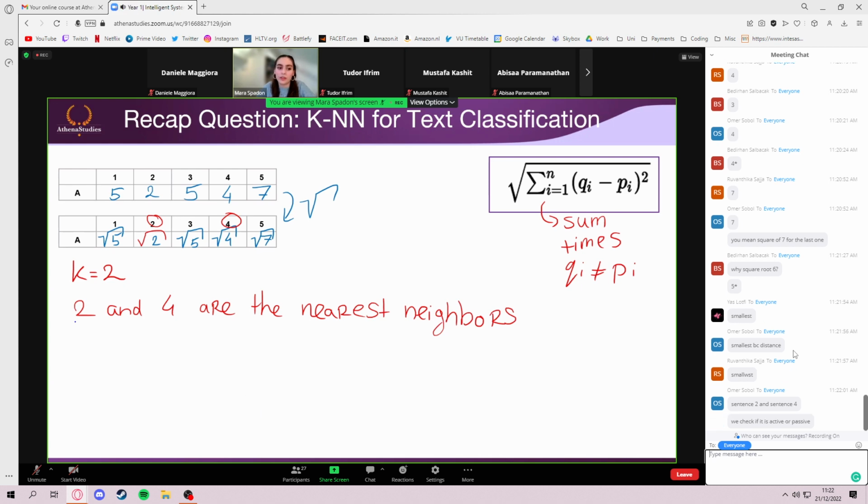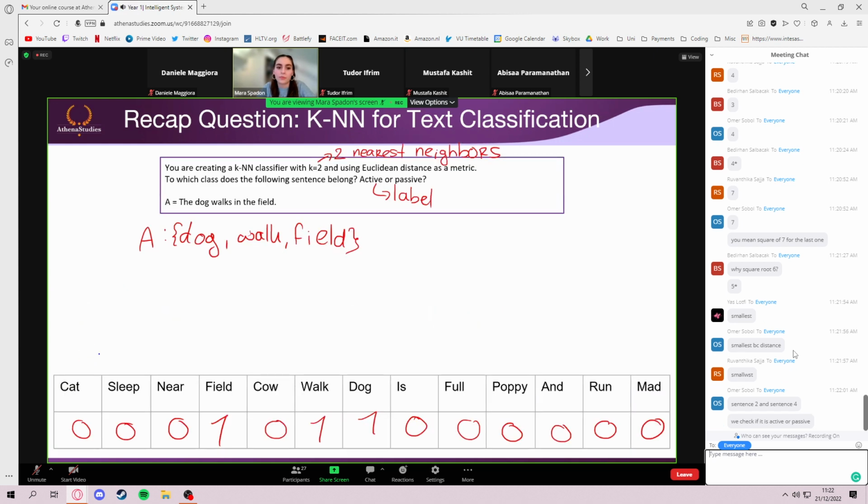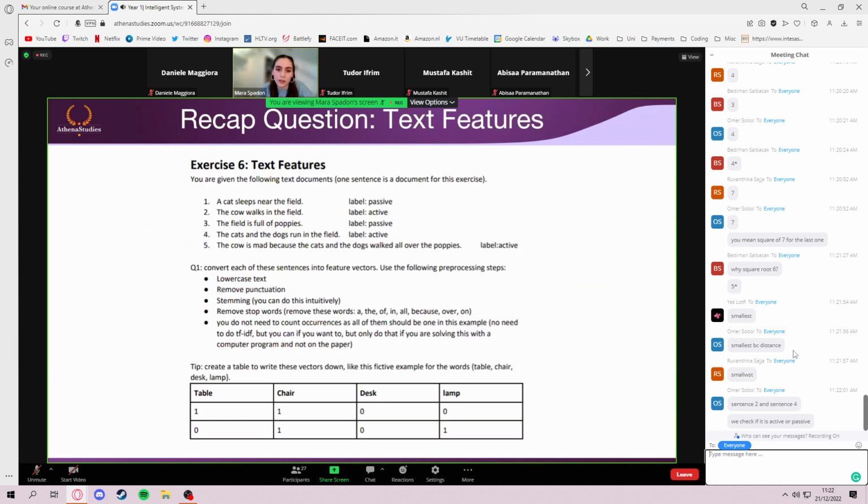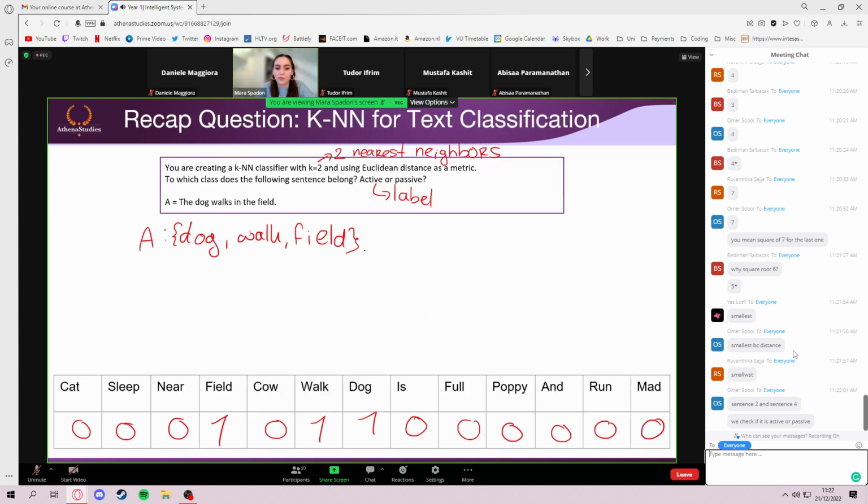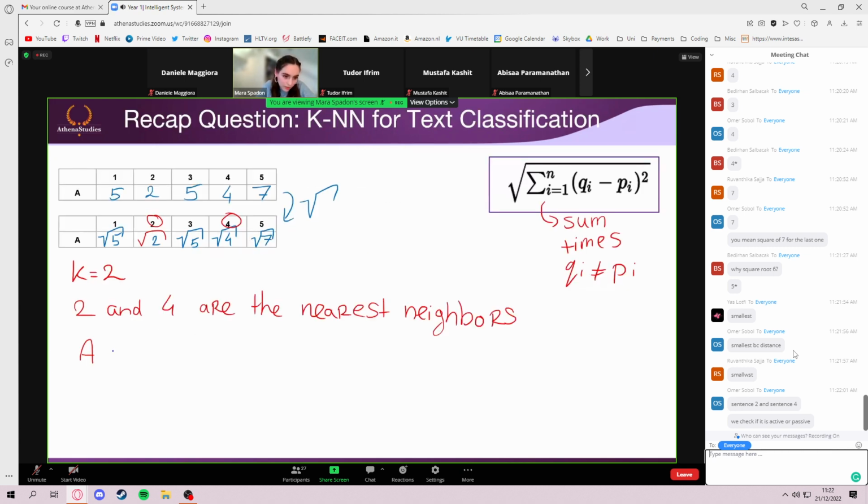If you want to know where A belongs, check if it is active or passive. Exactly. So we go back, we check the label. So we said 2 and 4 are the ones that are most similar, and they both have a label of active.